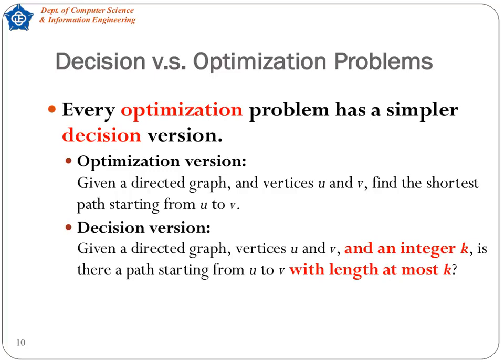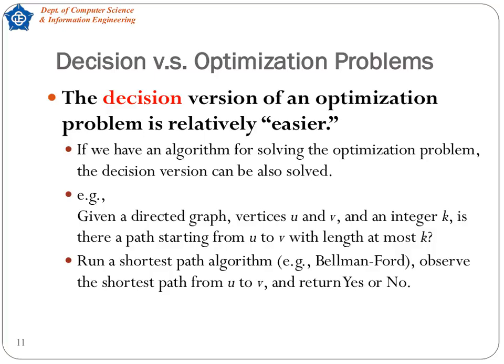Continuing from our last slide, this one zeroes in on how an optimization problem can be reduced to its decision problem sibling. In a nutshell, if you can solve the full optimization task, you instantly gain the ability to answer the simpler yes or no question. Picture a directed graph with 2 vertices, U and V, plus a distance threshold k. The decision problem simply asks, is there a path from U to V whose length is at most k?